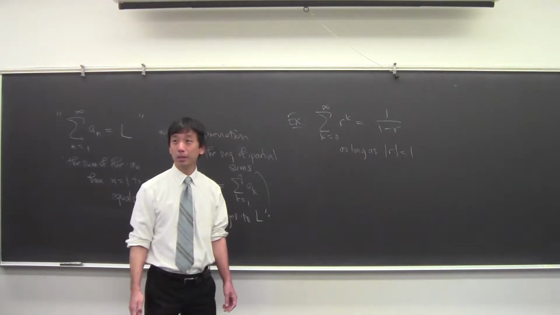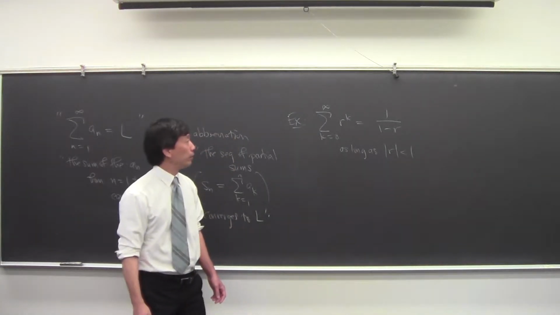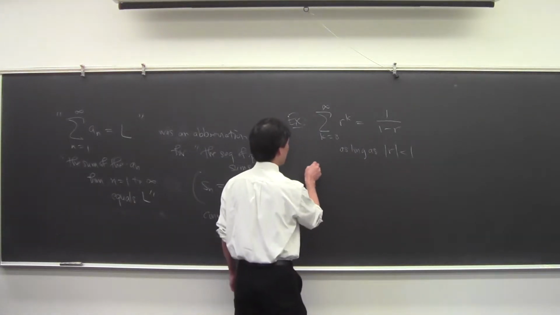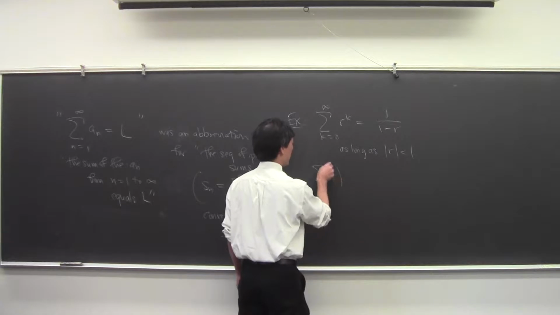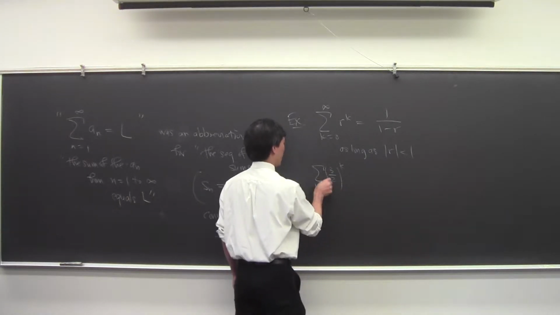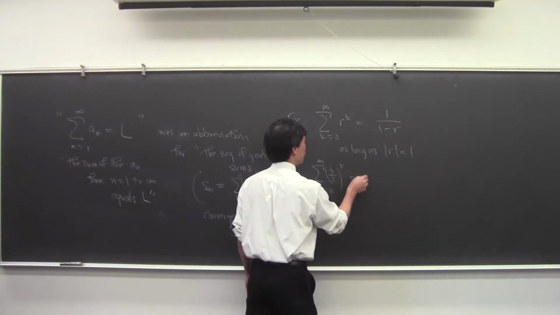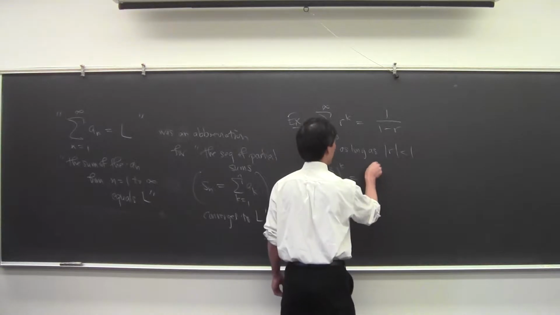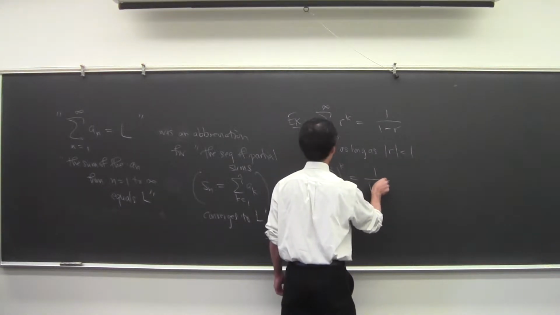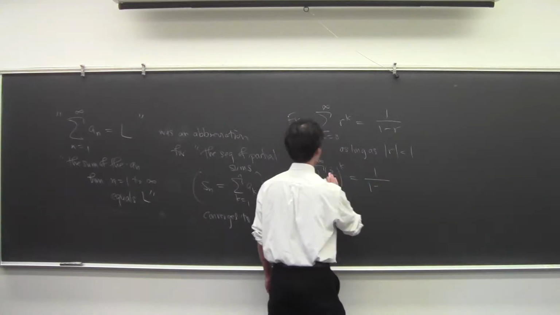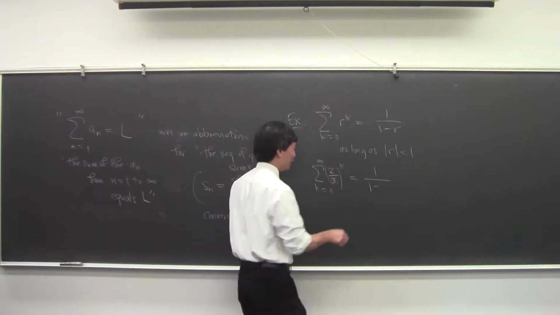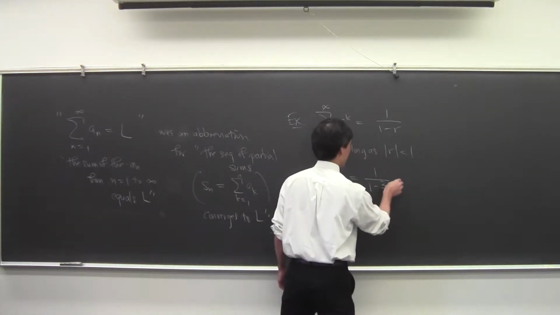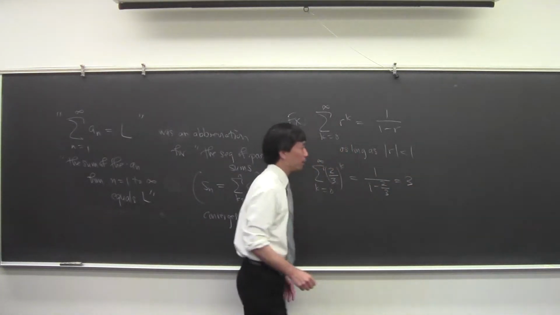So if I say the summation of 2/3 to the k from k equals 0 to infinity equals 1 over 1 minus 2/3, in other words, 3.